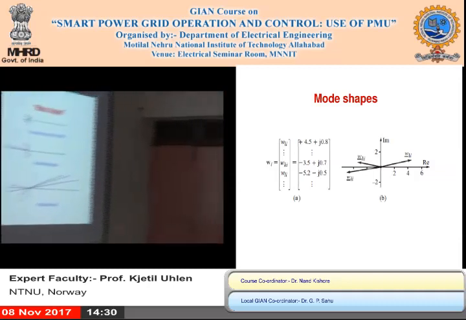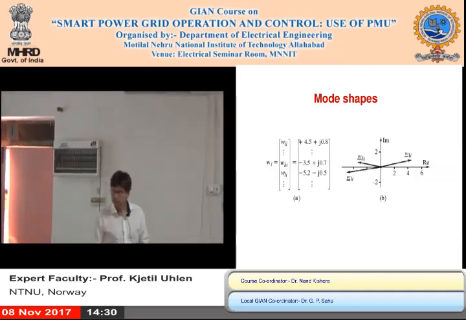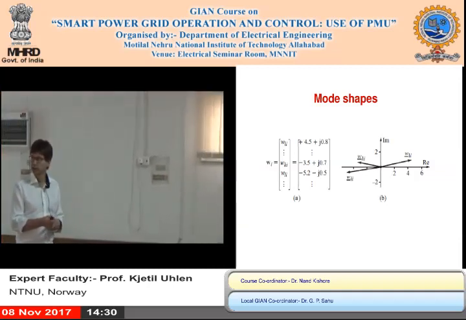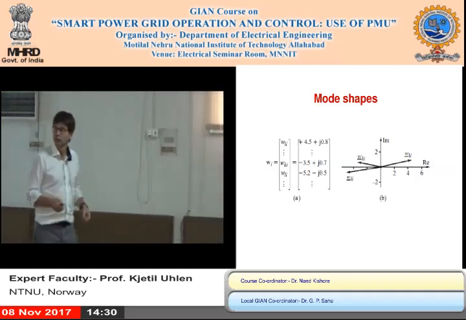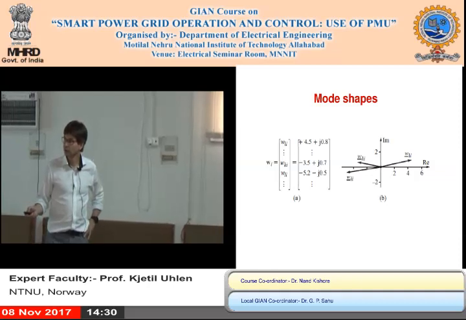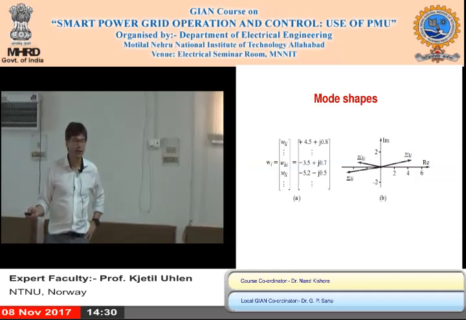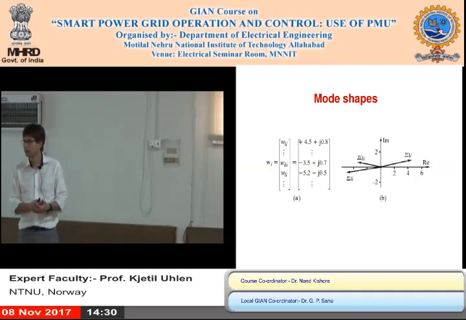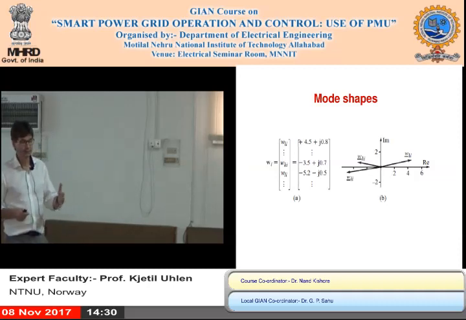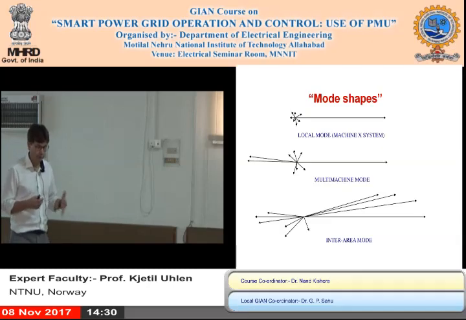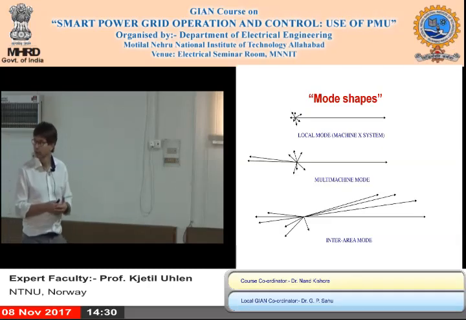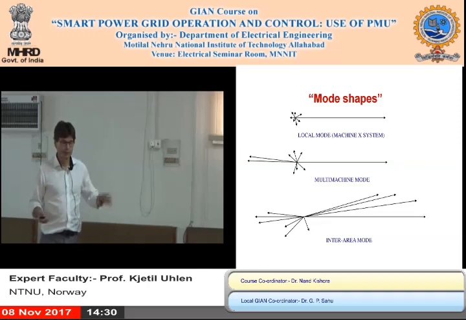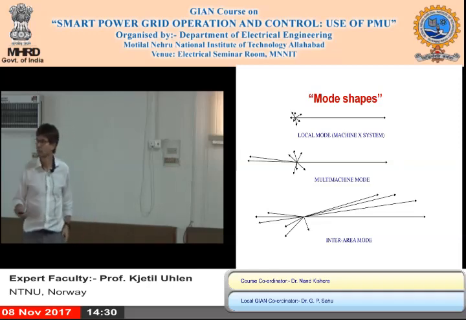And then, based on those drawings, you could characterize the modes. If there is just one eigenvector peaking out, then it's probably just one machine that is poorly controlled or not well adjusted. So it's a local mode, one machine that swings against the rest of the system.